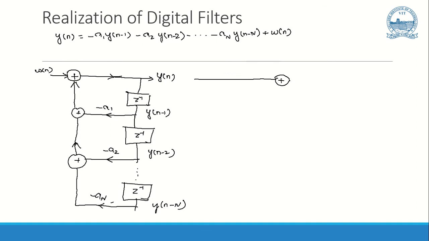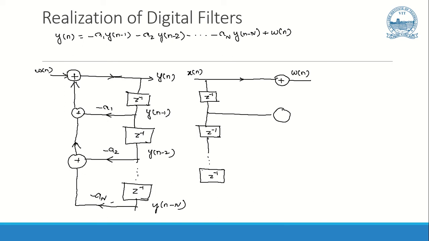I'll keep this sum, w of n, x of n, and similarly b naught, b1, b2, bm, right?